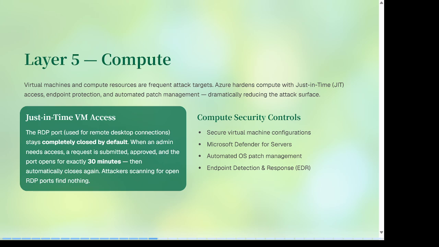But with Azure Compute Security, RDP is closed by default. Access is only granted temporarily via JIT. The system is continuously monitored. Security patches are applied automatically. So even if attackers try, there is no permanent entry point to exploit.